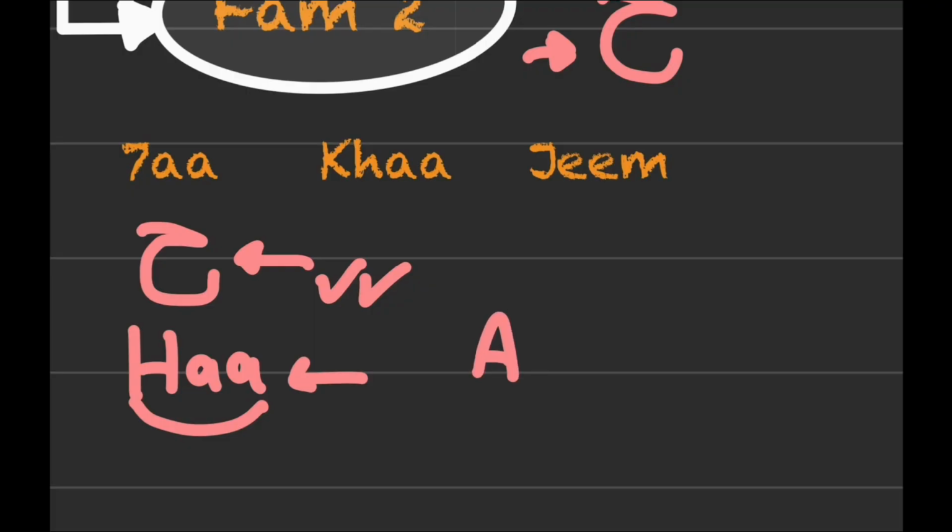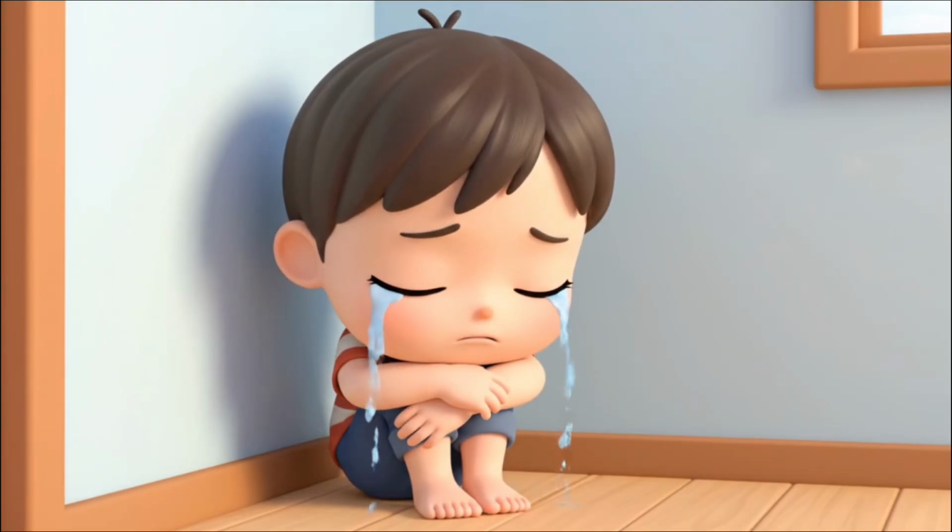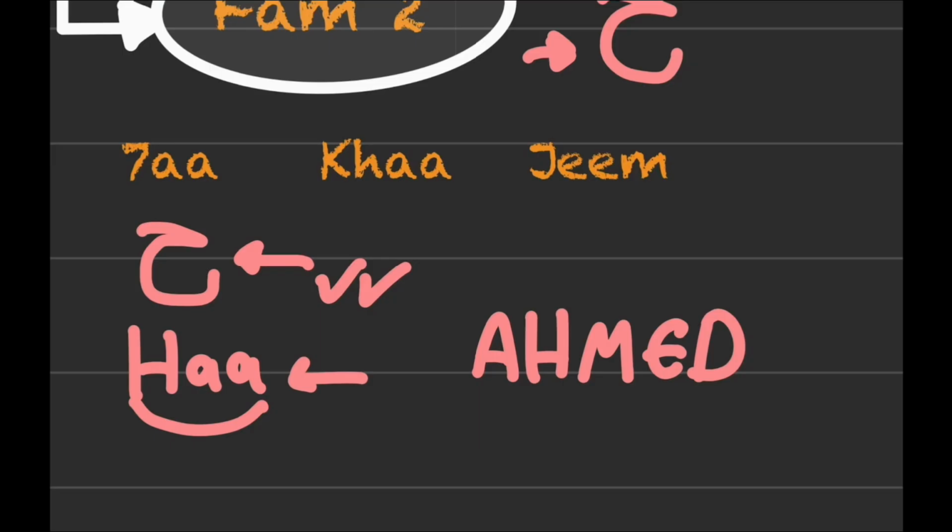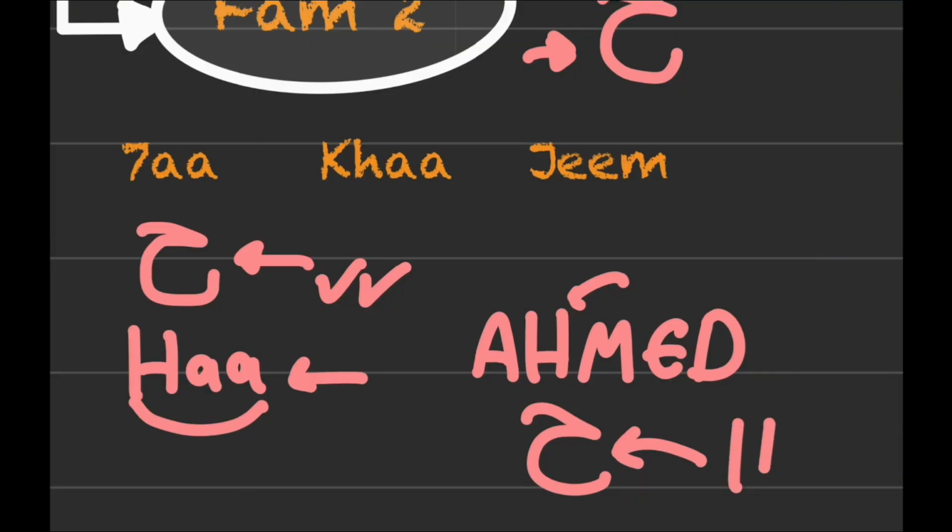People write down my name like this, and that's actually not the right way to pronounce my name. They say Ahmed. That makes me so sad. Guys, my name is not Ahmed, it's Ahmed. But why do they write it down like this? Because in English, you don't have any equal letter that makes the same sound as this letter. The closest letter is letter H in English.